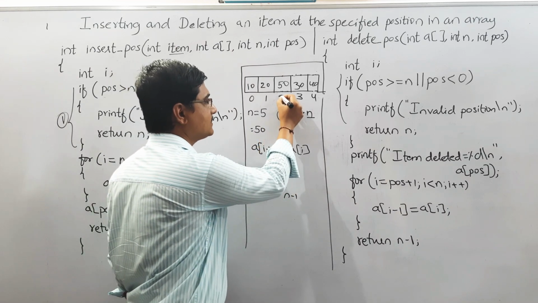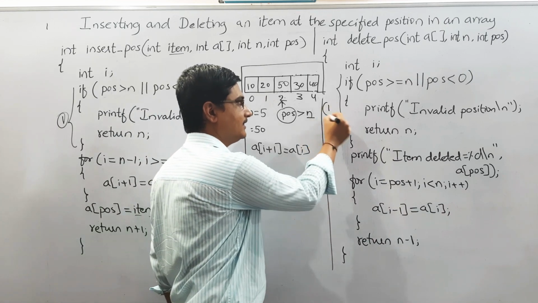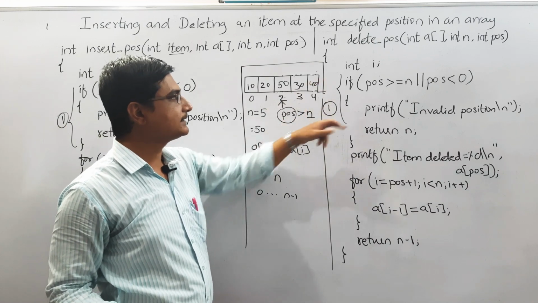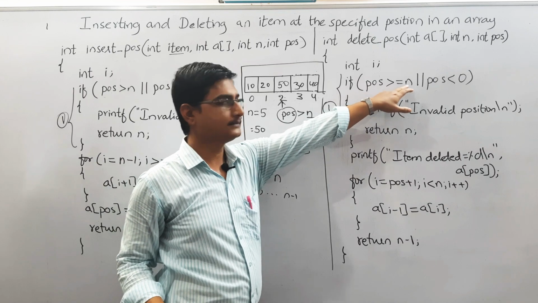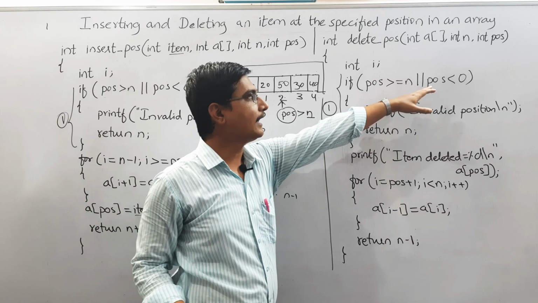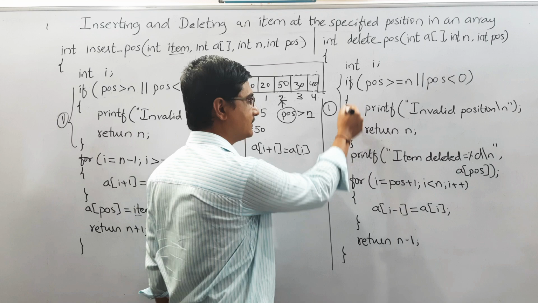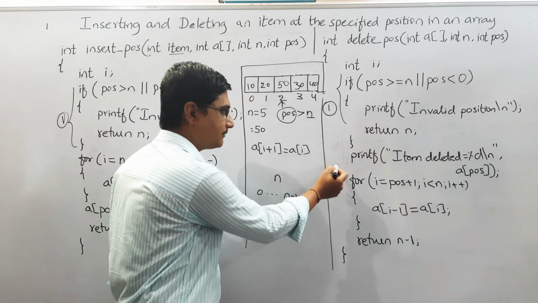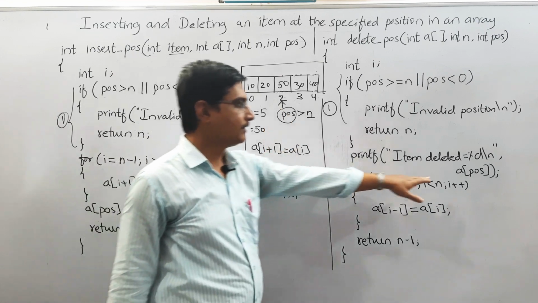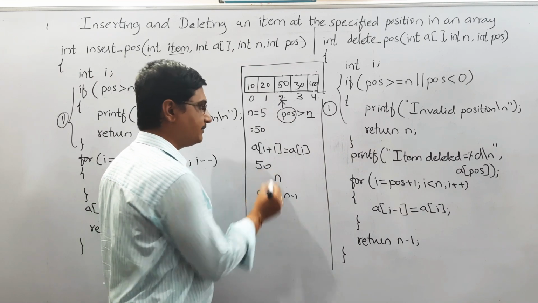Now say position is 2 again. So this condition is satisfied, and we will come out of it because 2 is not greater than n and not less than 0. So we will not run that code, then we will come to this point. The deleted item should be displayed. So a of position, here position is 2, a of position is 50, that will be displayed.